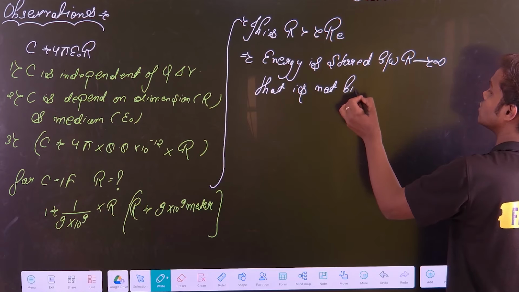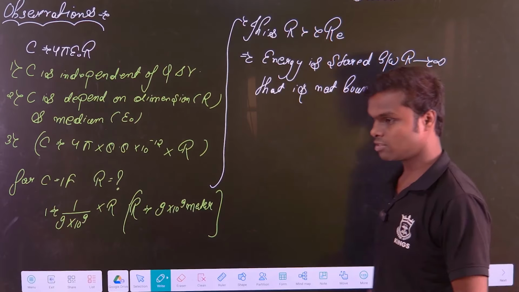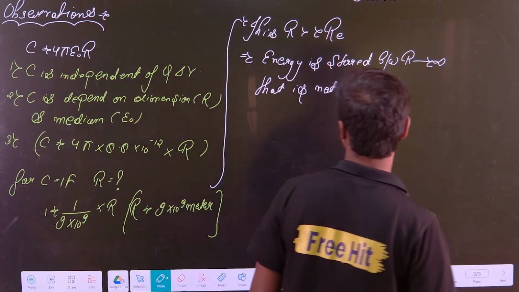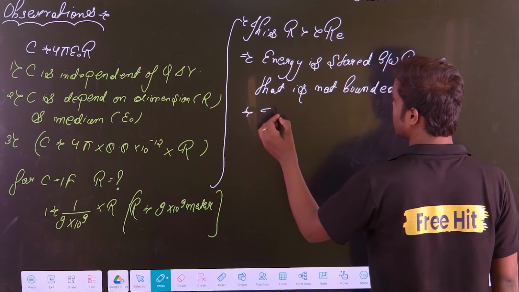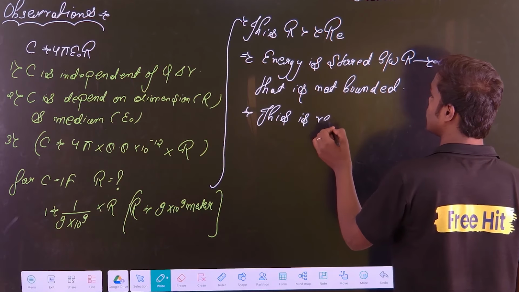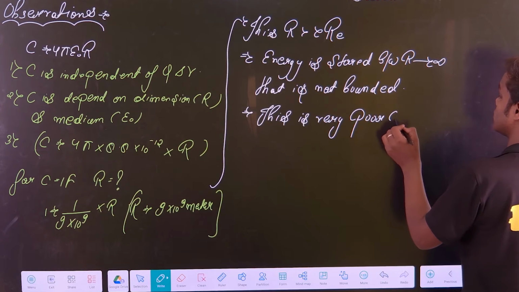So if the energy is not bounded, can I use it? Answer is no. If the energy is not bounded, we can't use it. So obviously this is a very poor capacitor for us.